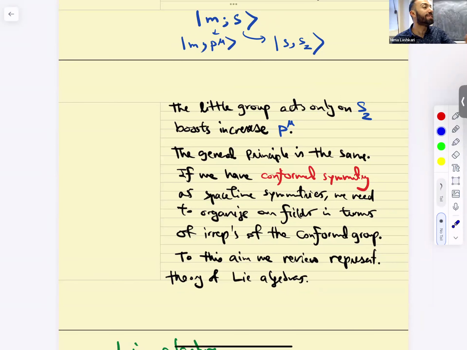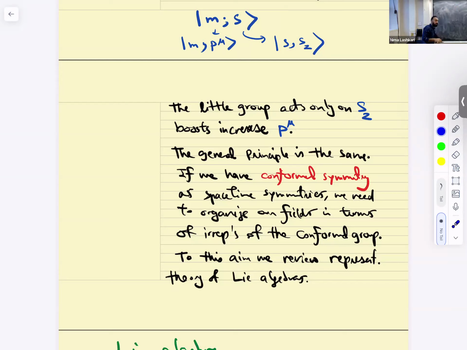So we're going to be looking at the representation theory of the conformal group. It turns out to be very large, right? It turns out to be very constraining. What is the conformal group in R^(d-1,1)?